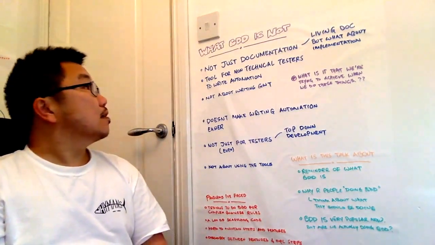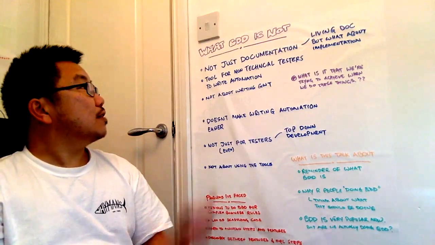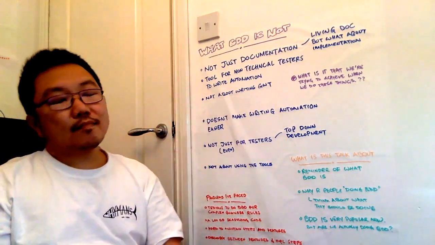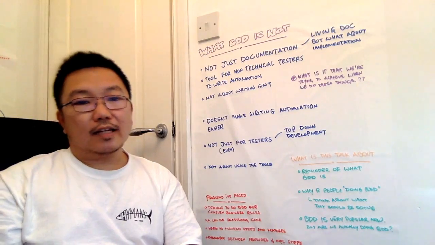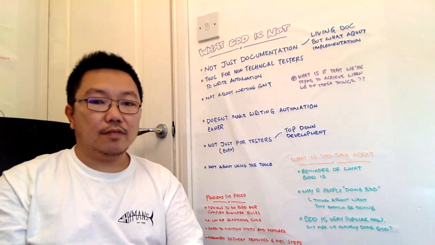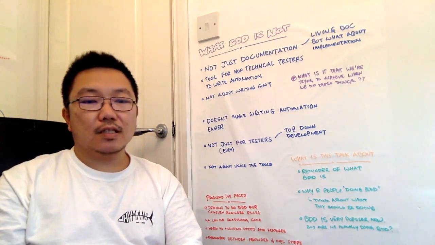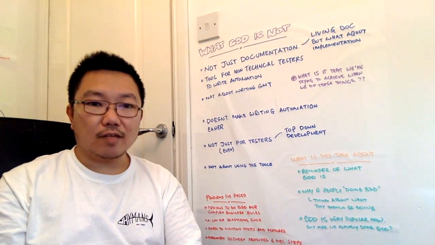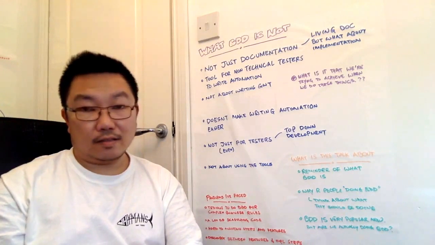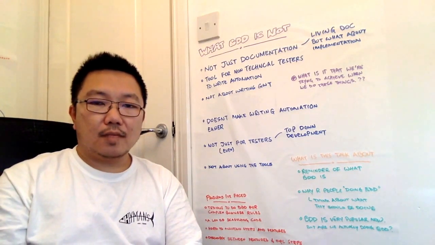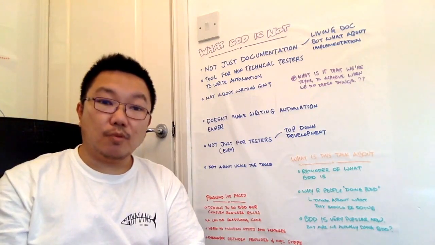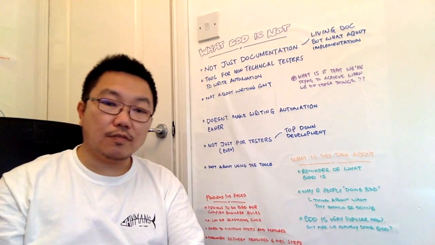The other thing that I've heard is people say that they like BDD and feature files because it's a nice way to let non-technical testers, i.e. testers that can't code, I think is really what they mean, help with the automation process by writing these feature files.